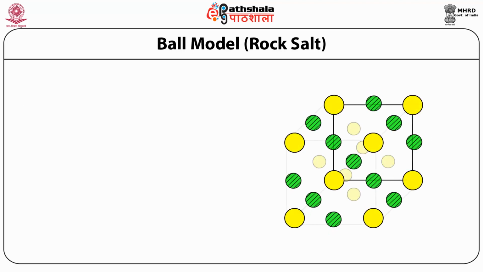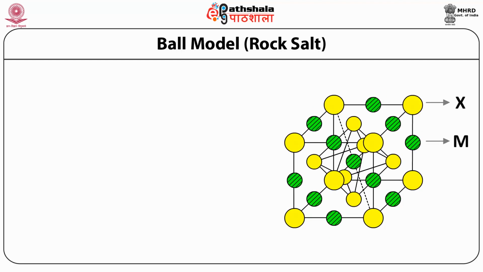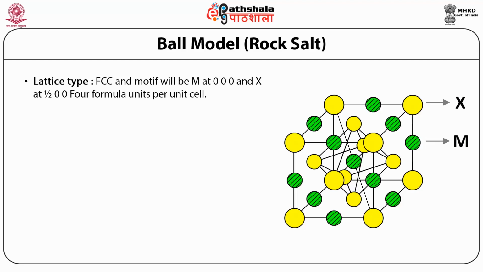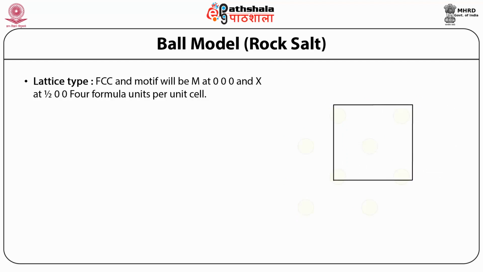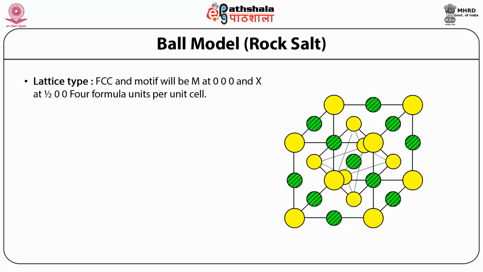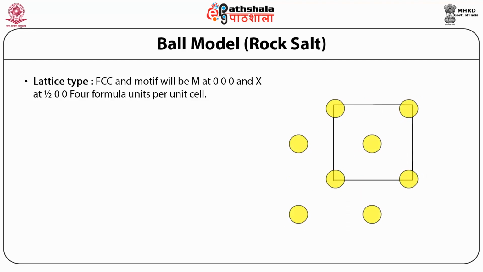Now, let us discuss the rock salt structure with the ball model. As we have discussed in the previous slide, the lattice type is FCC and the motif will be M at 000 and X at half 0 0. The motifs M and X are shown in this figure in yellow and green color. The 4 formula units are present per unit cell.